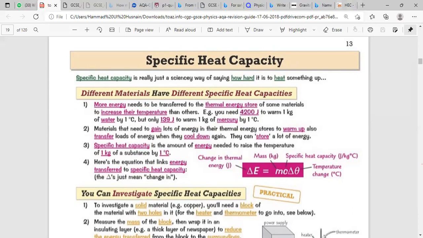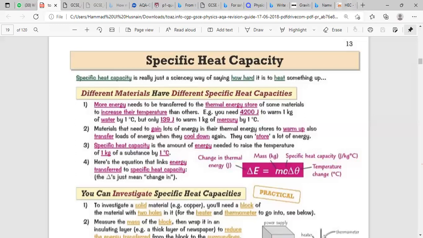For example, you need 4200 joules to warm 1 kg of water by 1 degree centigrade, but for mercury only 139 joules is enough. So water and mercury have different heat capacities.